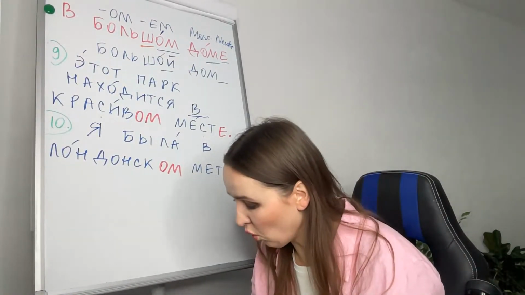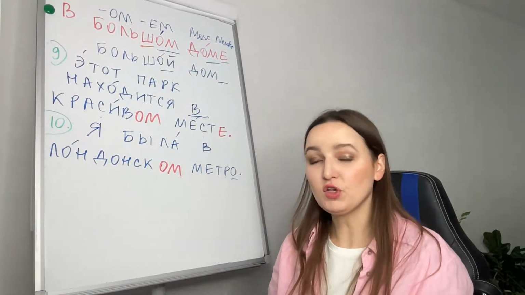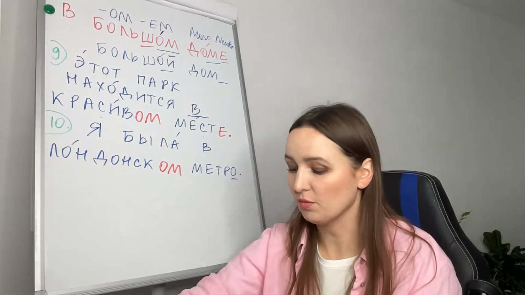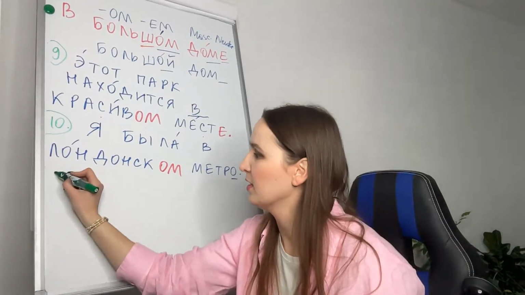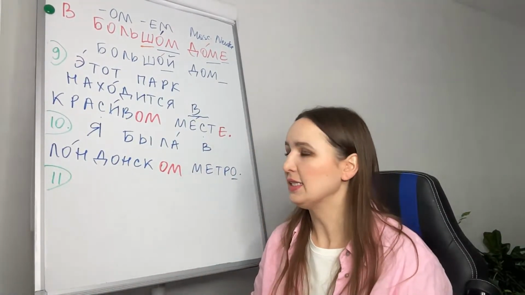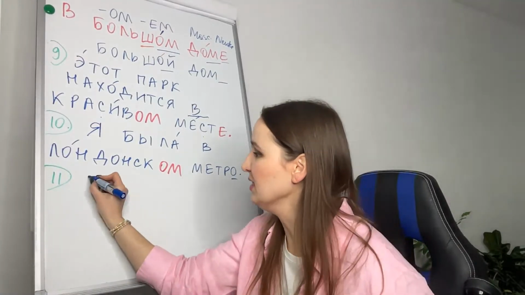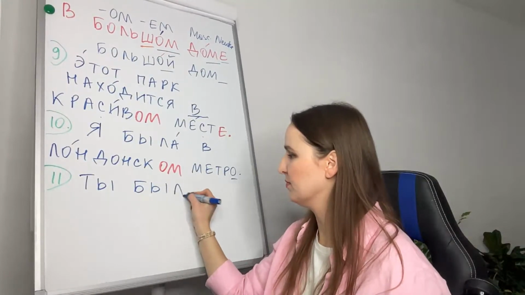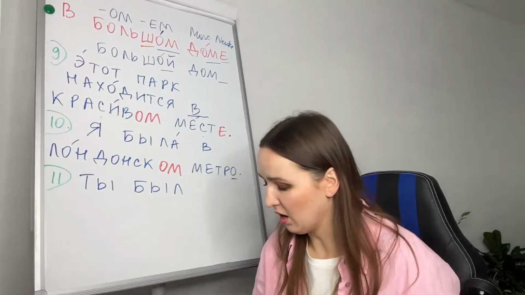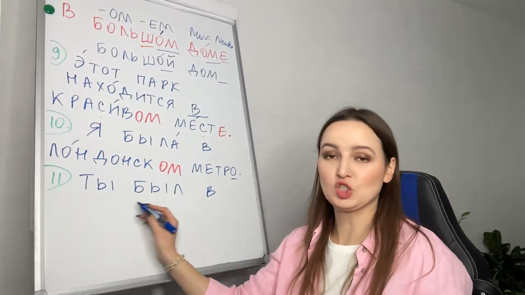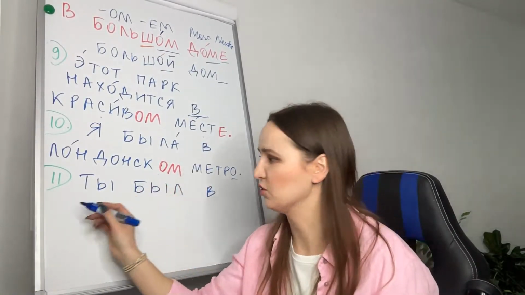Очень хорошо. Have you been to the Moscow metro? I'm asking you. Номер 11. I will ask you informally: ты был? Have you been? Ты был в московское метро?